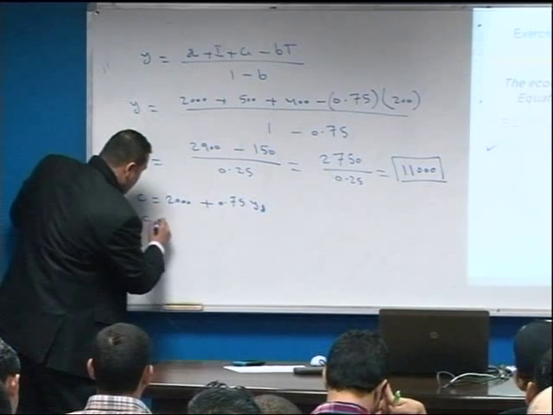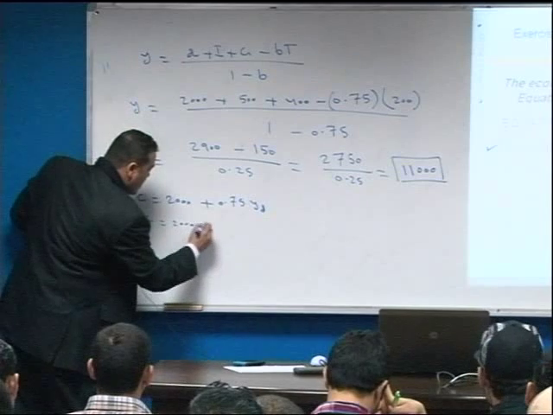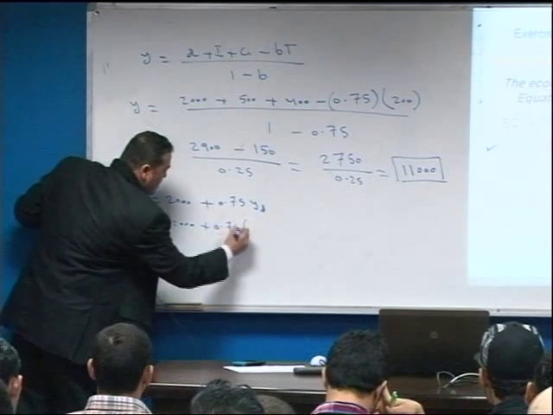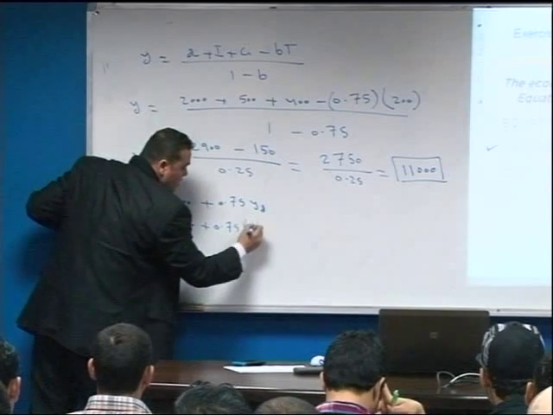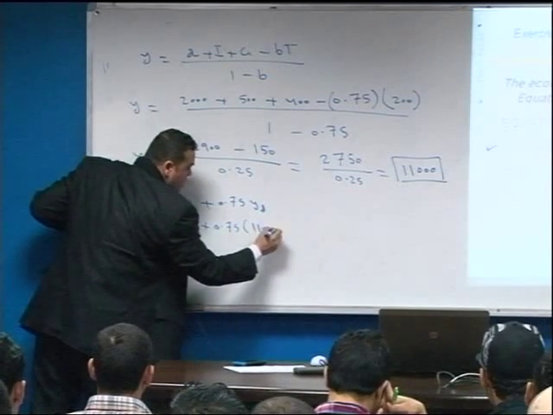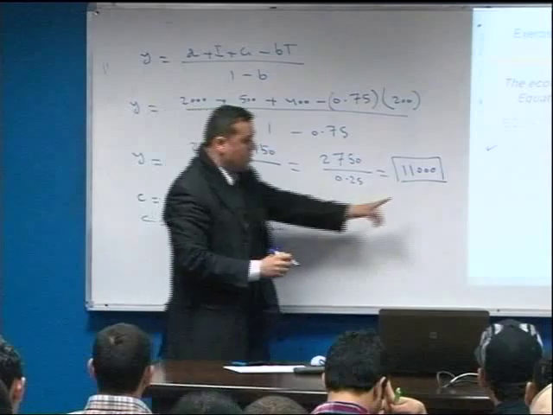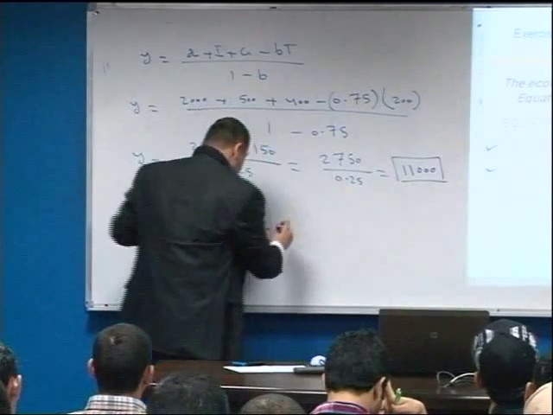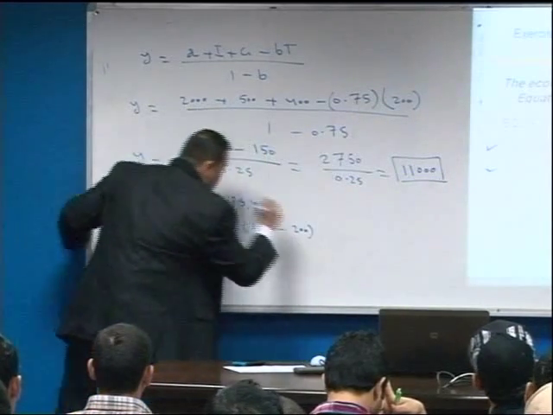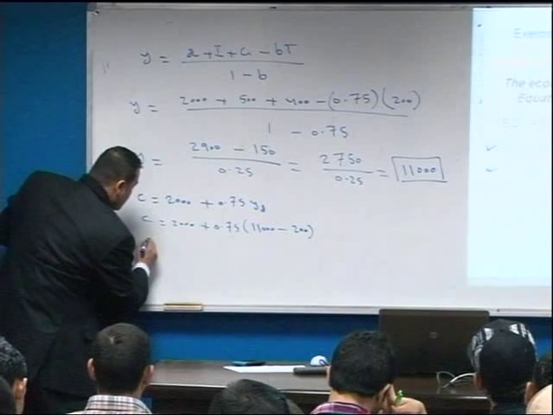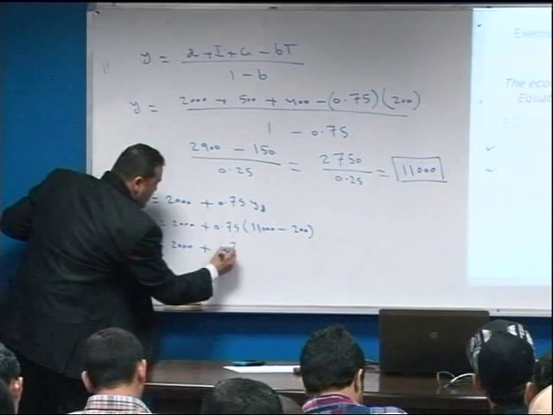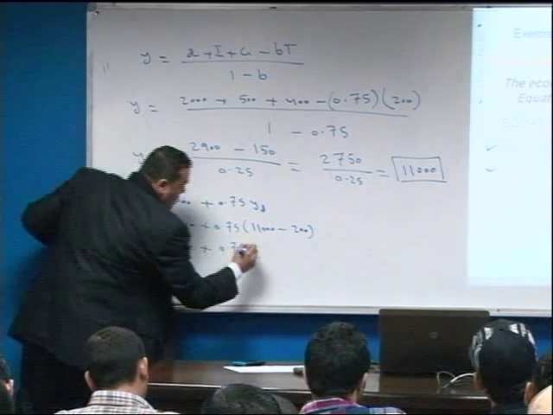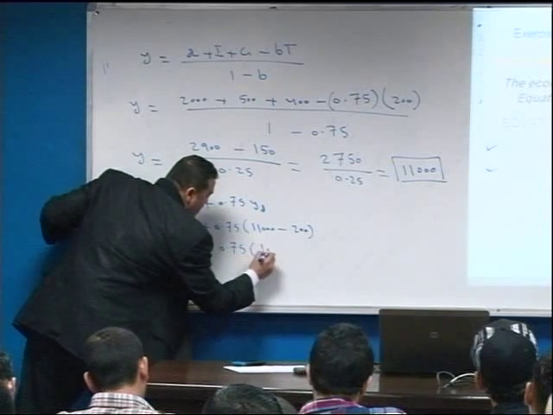So C equals 2000 plus 0.75 times Y. The equilibrium level of Y is 11,000 minus taxes. Taxes 200.